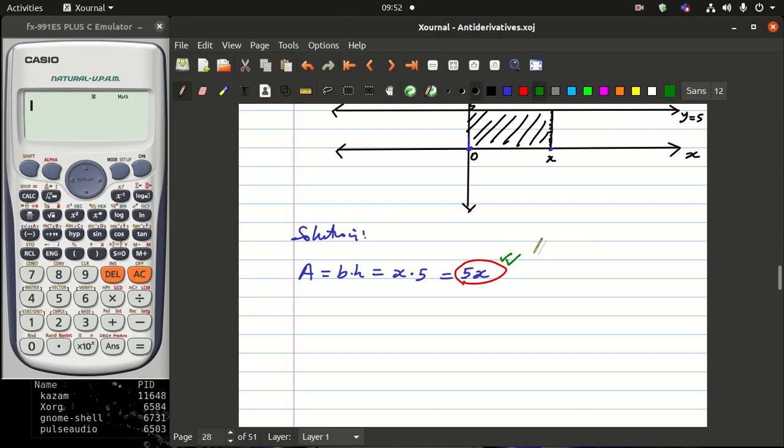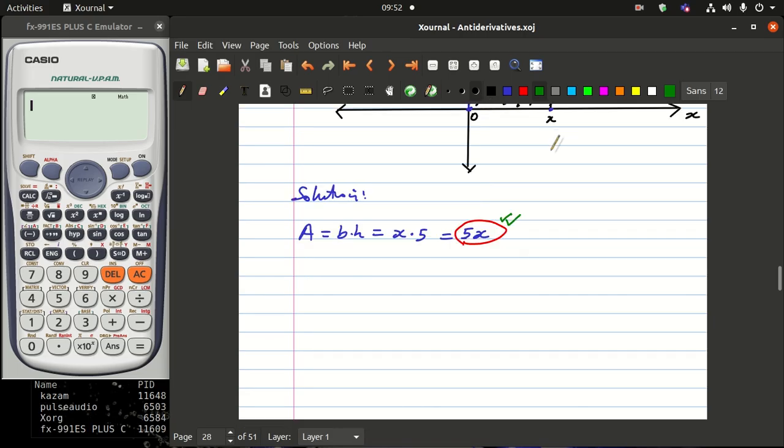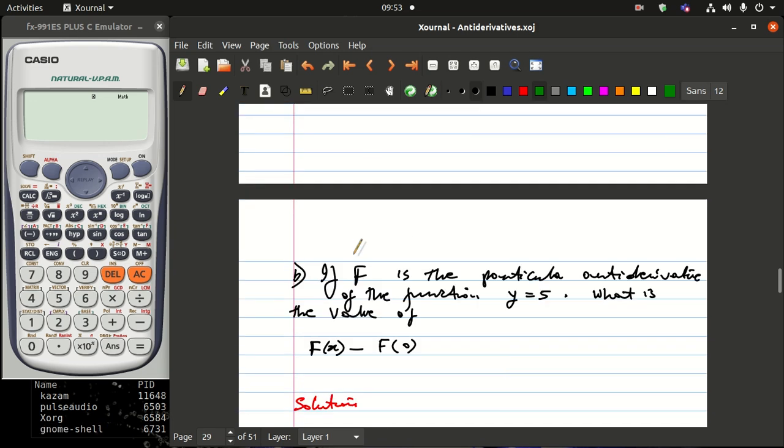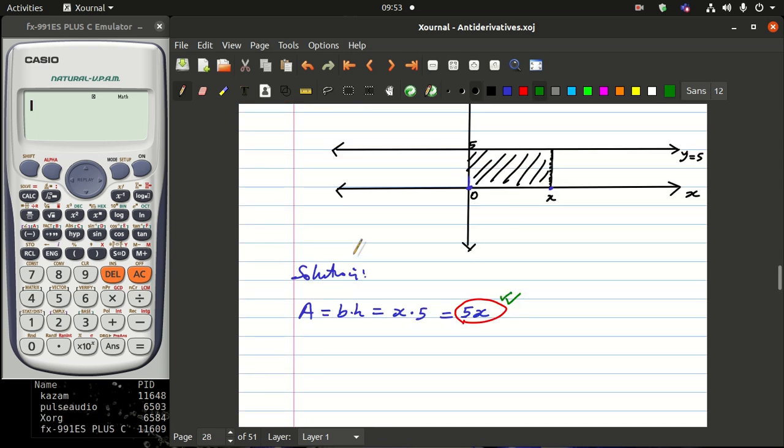This is the relationship that we are actually having, that the net area under this curve between these 2 points is actually the same as just the difference of the outputs of this antiderivative. So that is the relationship that we're actually having here.